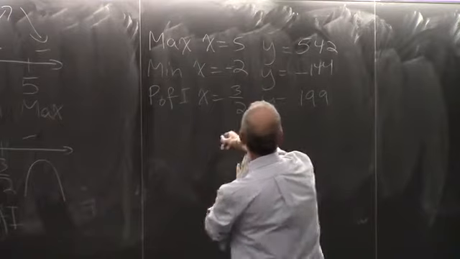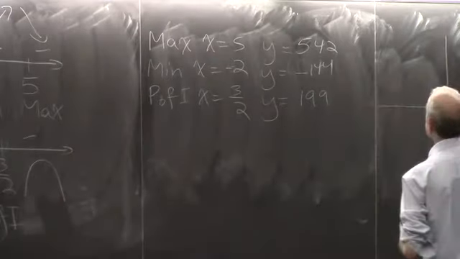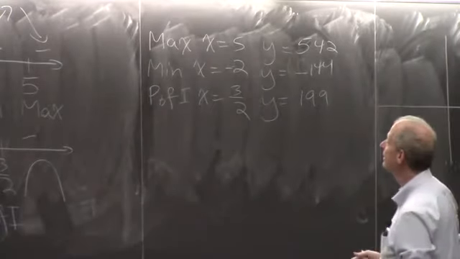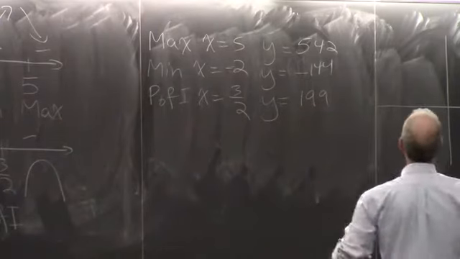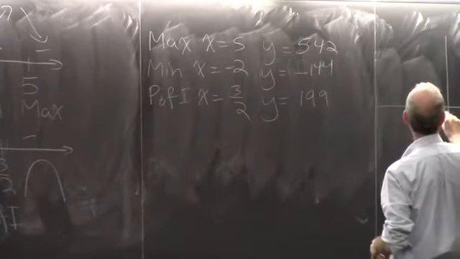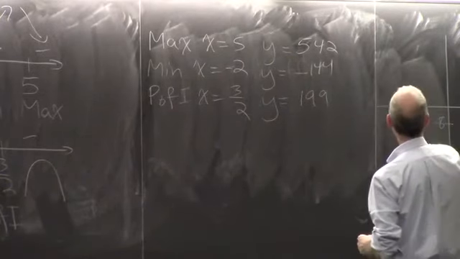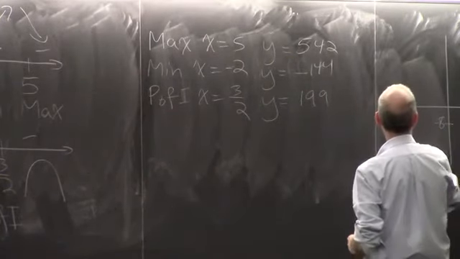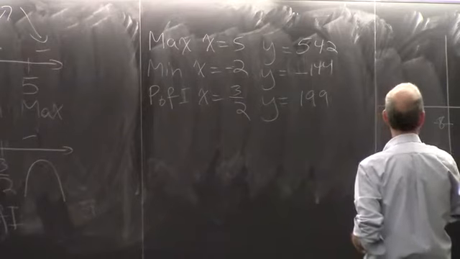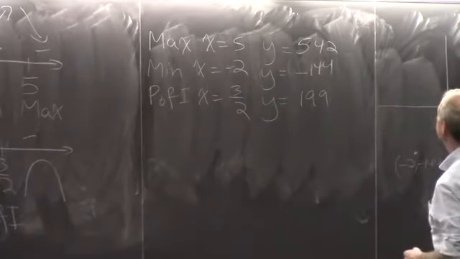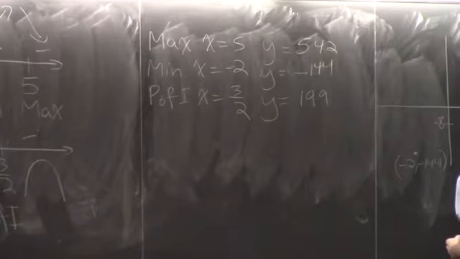All right. So now we graph this. We know we have a y-intercept at -8, by the way. All right. We have a minimum at -2, -144. We have a maximum at 5, 542.